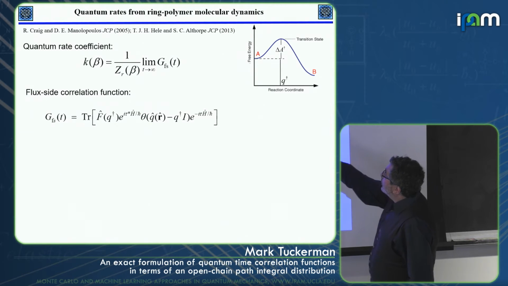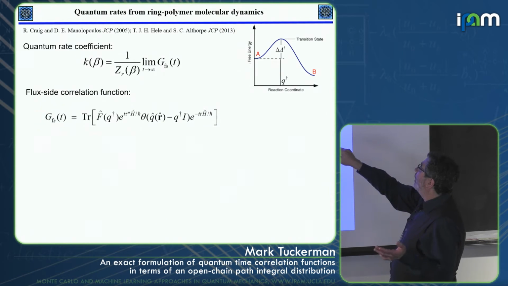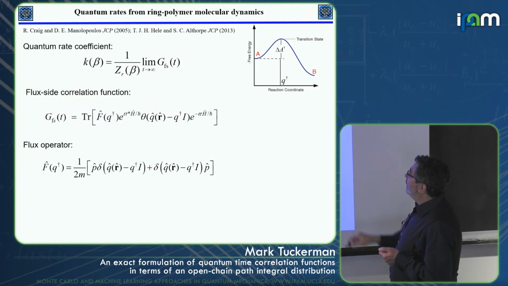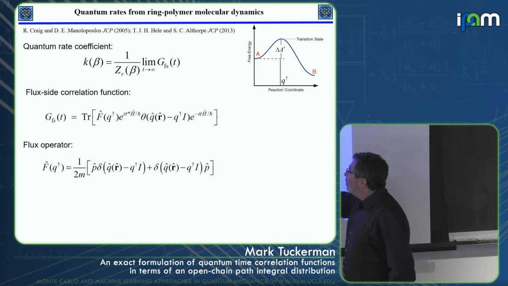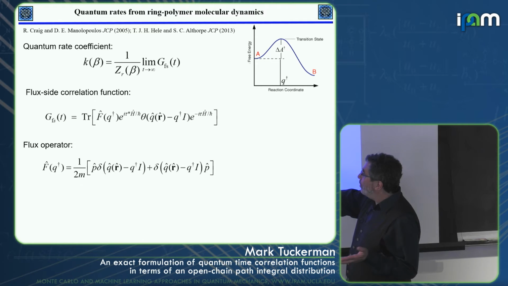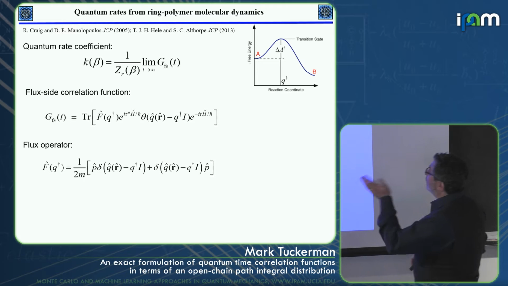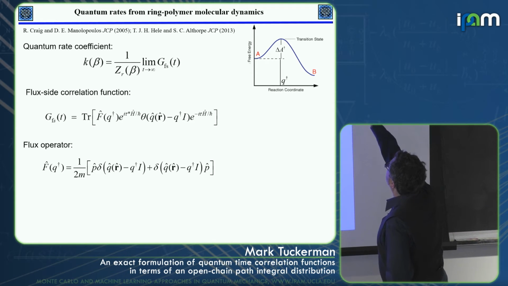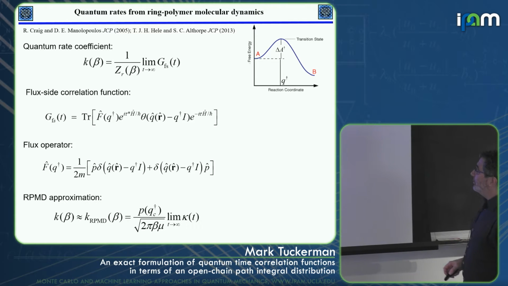So you've got what's called the side function, which is basically a step function that puts your system initially in the reactant well, and then you look at a flux operator that looks like this, which of course involves momenta, and a delta function that would put you at the transition state. So Q double dagger is the location of your transition state.